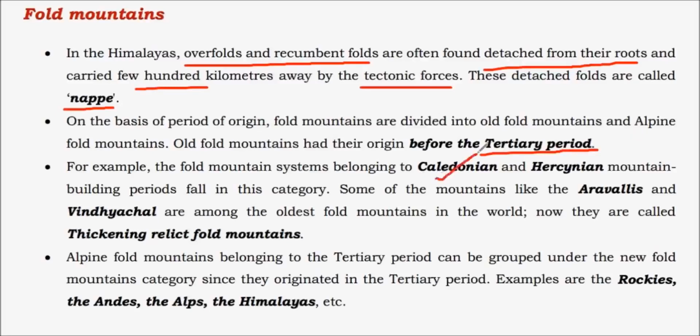For example, the Caledonian and Hercynian mountains, the Aravallis of India and the Vindhyachal mountains are examples of old fold mountains because they were formed about 300 million years ago, which is much before the tertiary period. These are called thickening relict fold mountains. That is, at the location of these mountains, the thickness of the crust is ever increasing because of various denudational processes and isostatic equilibrium.